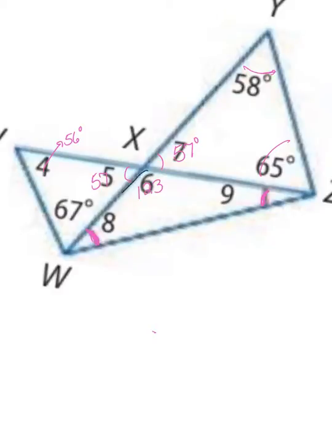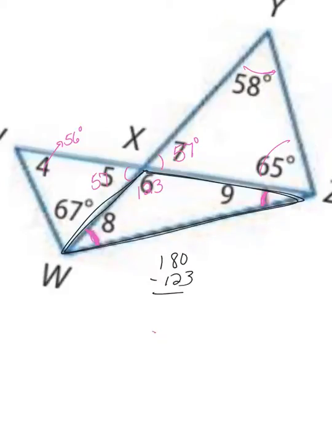Now the last one down here, I'm going to look at this triangle that I'm outlining in black. I know that of the 180 degrees in that triangle, 123 of those degrees are in angle 6. That leaves us 57 degrees to be divided evenly between 8 and 9 because they are marked that they are congruent.